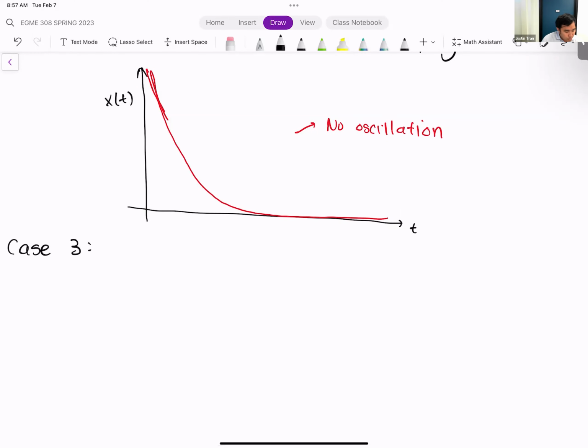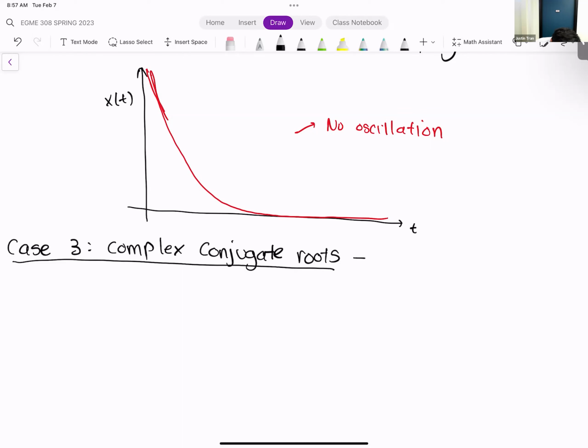Okay, and of course we have our third case, which is our complex conjugate roots. When you have complex conjugate roots, this occurs when your damping is not high enough, and so we call this underdamping.